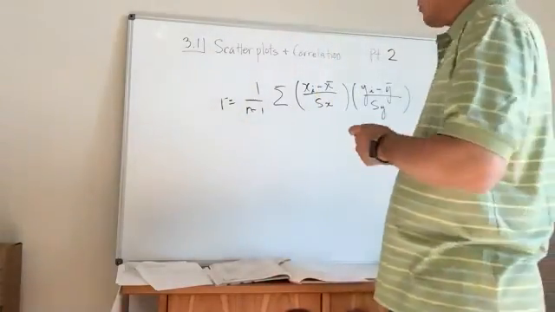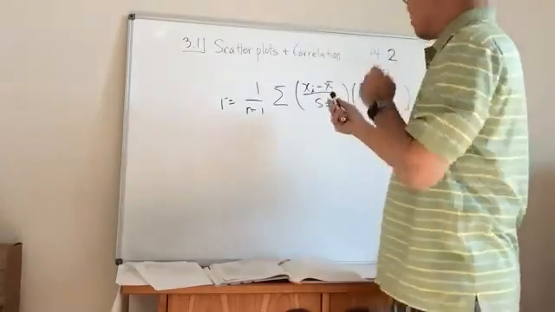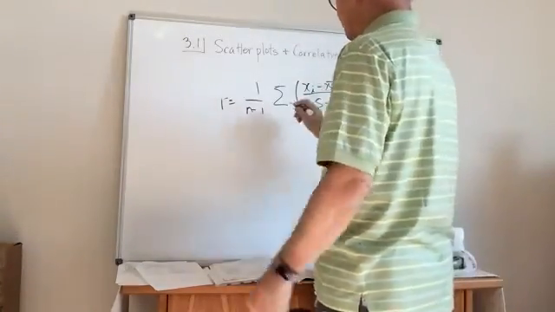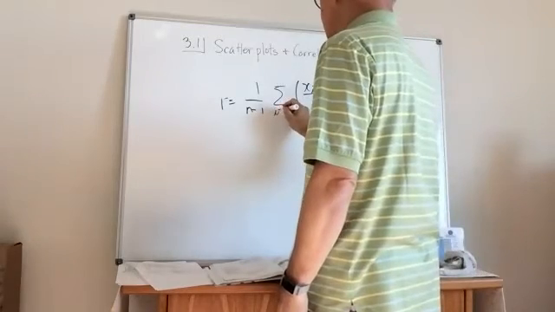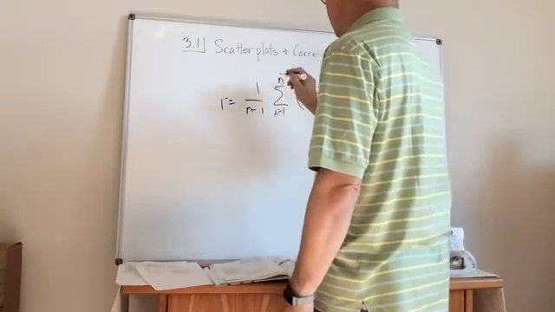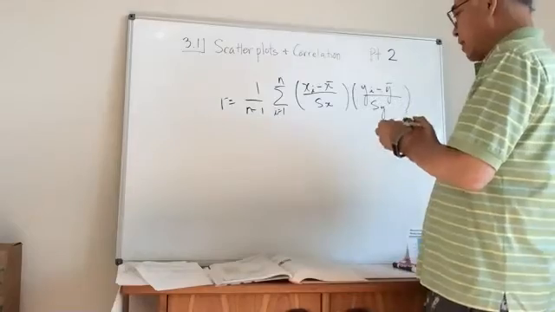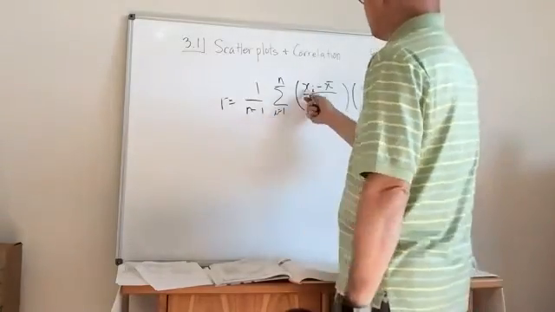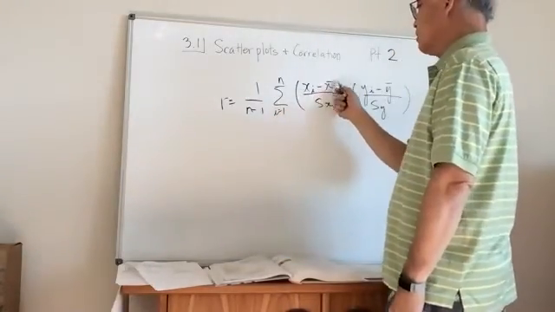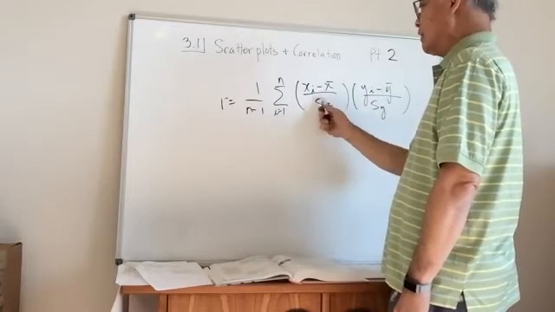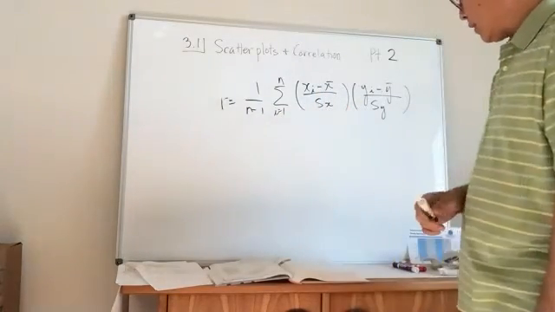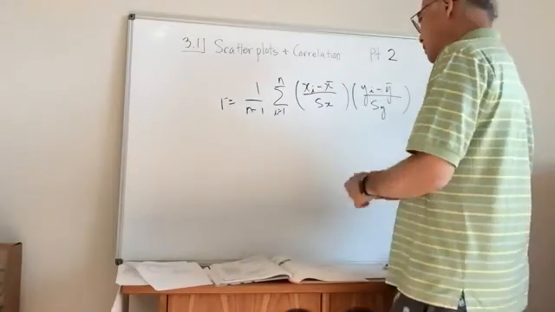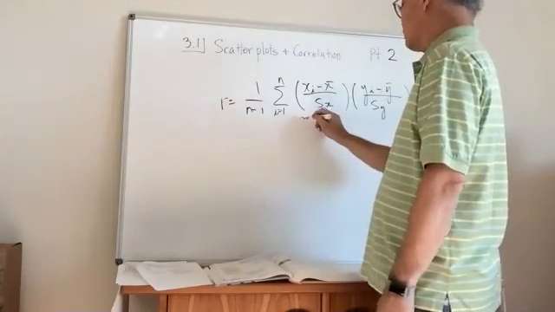So let's take a look at what we have here. For every i, from 1 through n, you're going to take x_i minus the mean divided by the standard deviation, okay? Well, this looks familiar, right? What is this called?